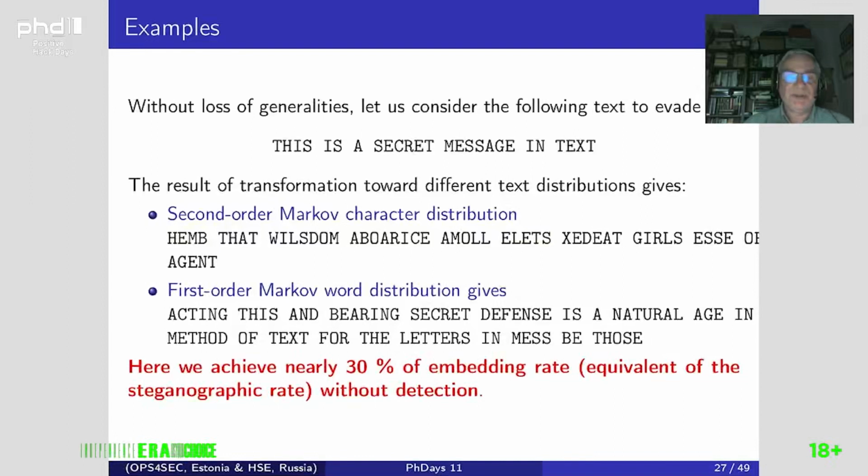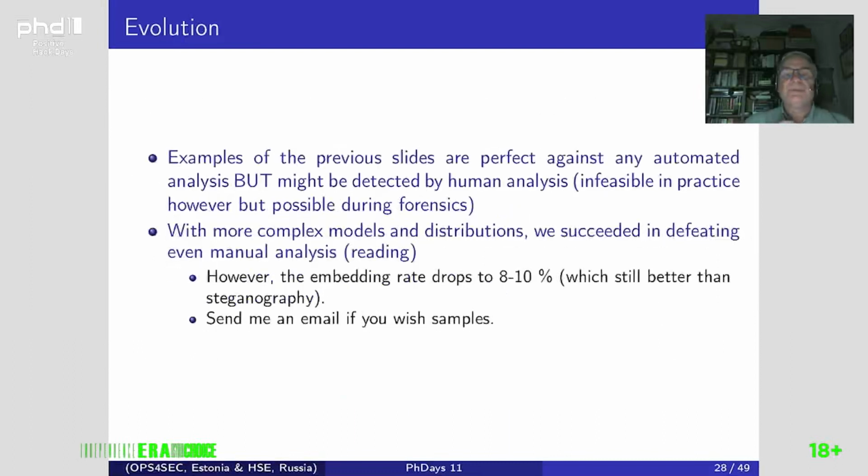But recently, we have achieved an embedding rate of nearly 30%, which is far higher than any undetectable steganography technique, and that without detection. It means it's very, very efficient. So we can have a different evolution.